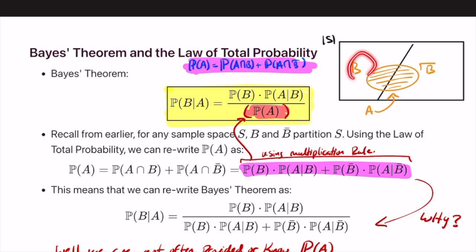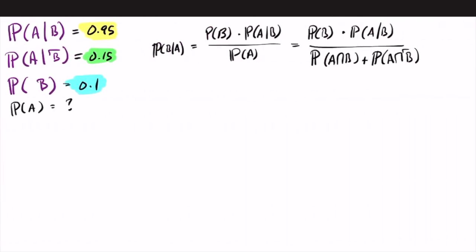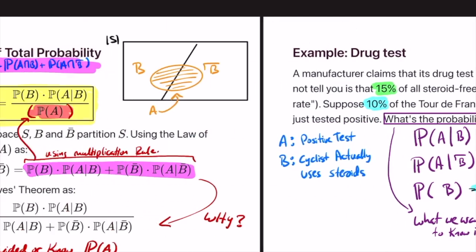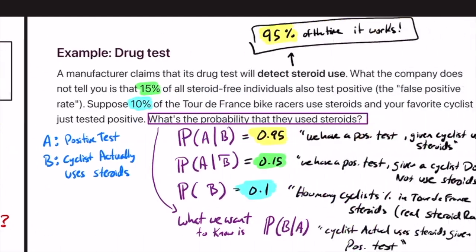Then the whole space would be B. But A must occur at some level on both of these. So the probability of A has to occur across both B and its complement. That's how we're able to take the probability of event A and break it up into these two forms. This gives us the intuition behind that, hopefully.